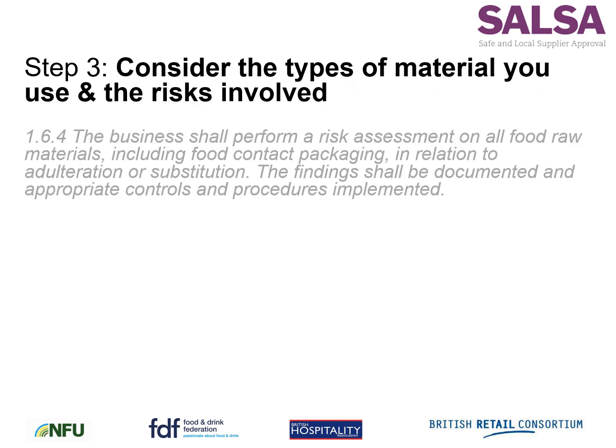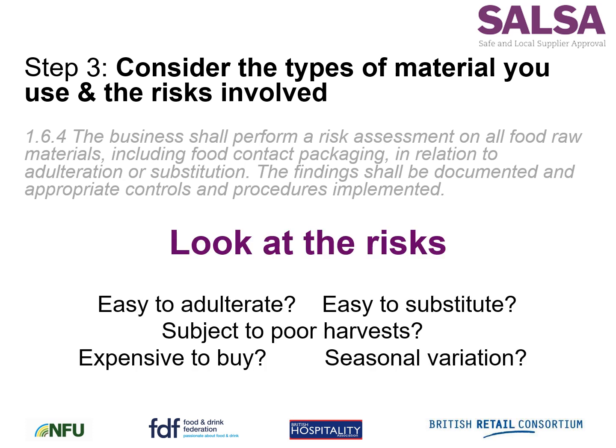In steps 1 and 2, you looked at your suppliers and the products that they supply you with. In step 3, it's time to identify where the risks might exist. We've talked about some examples of adulteration and substitution. There are some ingredients that are easier to adulterate or substitute, and it's often about making money from somebody in the chain. For example, adding Sudan dyes makes the food look fresher and therefore more expensive.